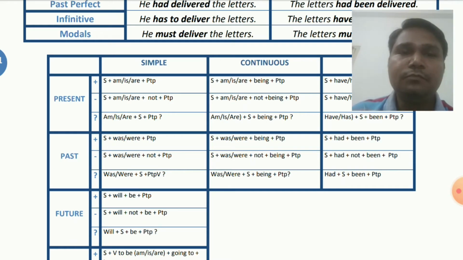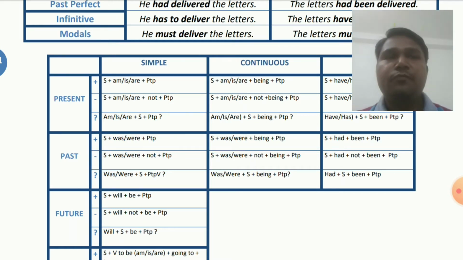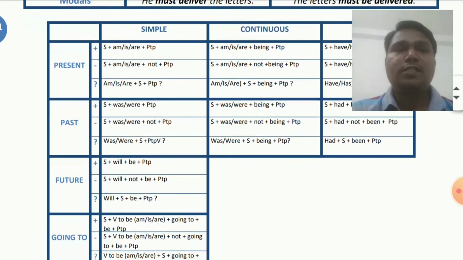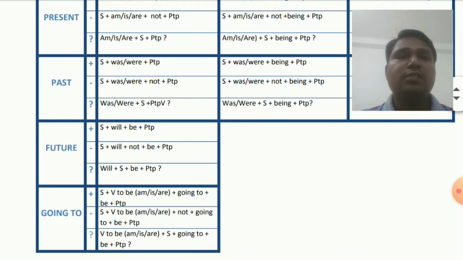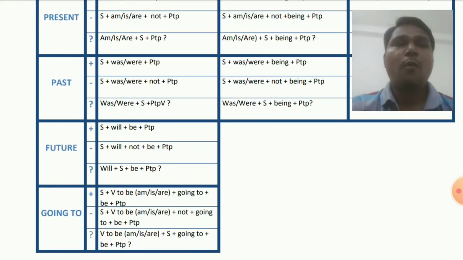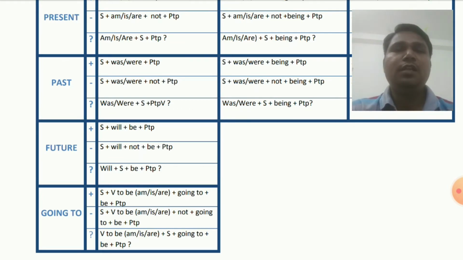The next is future tense, simple future tense. To make simple future tense in passive voice, you have to use the format: subject plus will plus be plus past participle.